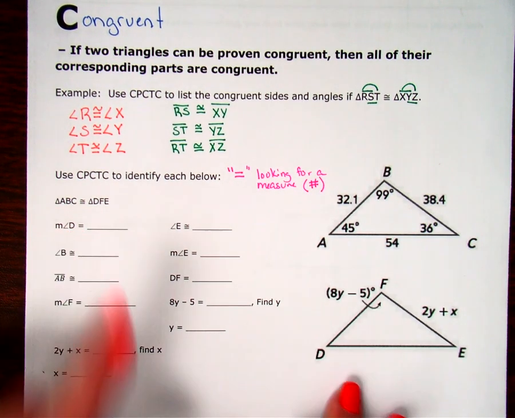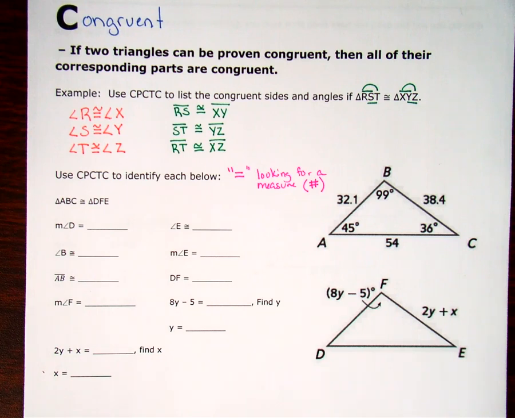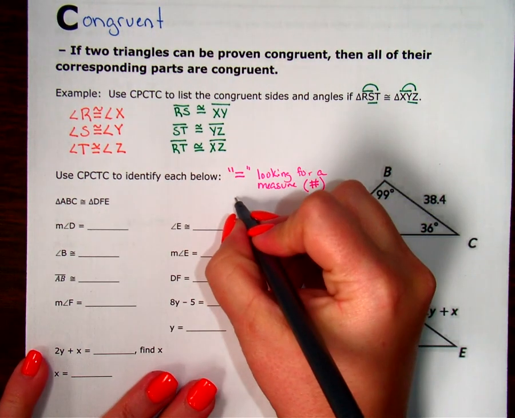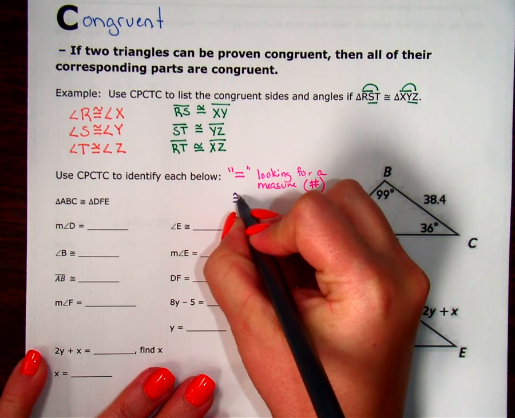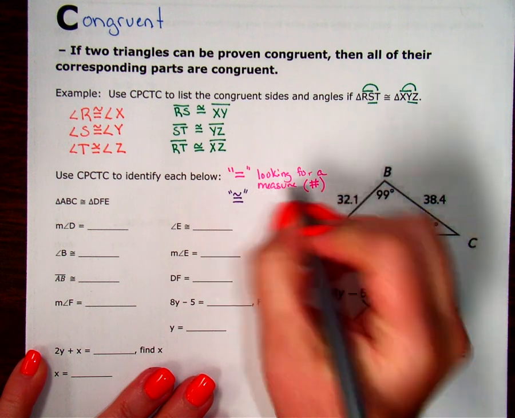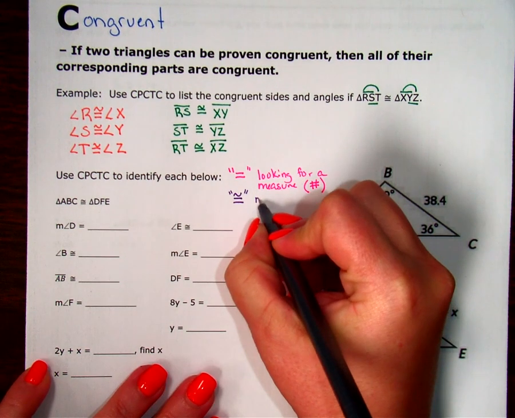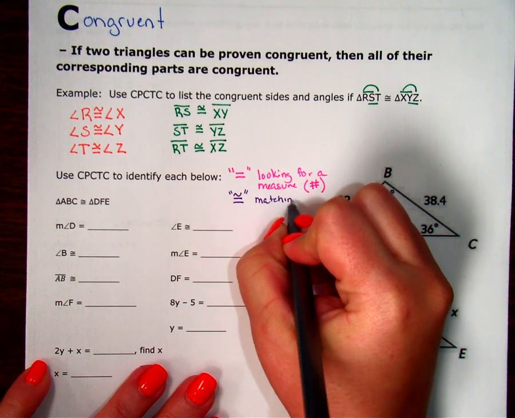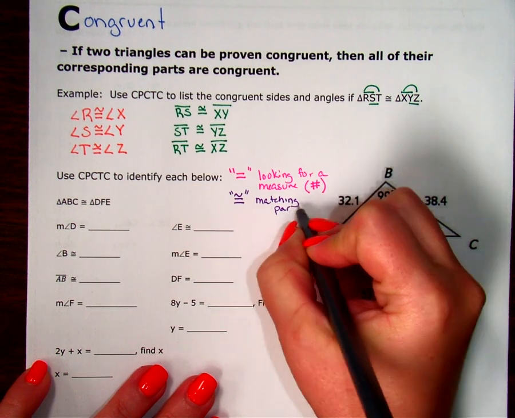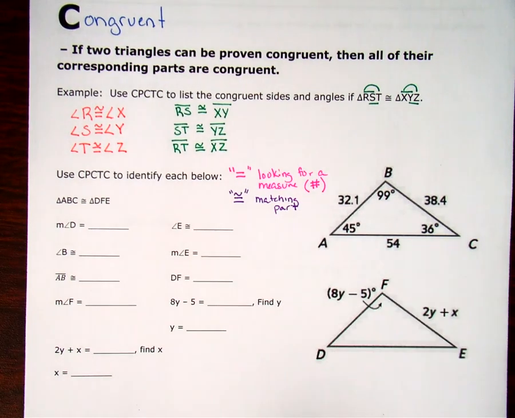When you see congruent, when you see the little squiggle over, that means we're looking for its matching part, not a number. So when you see the congruent symbol, we're looking for the matching part, or the corresponding part, which would be the more geometrical way to say it. The corresponding part in those triangles.